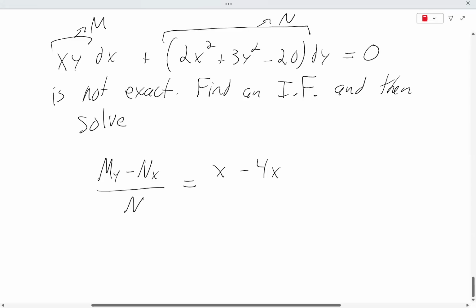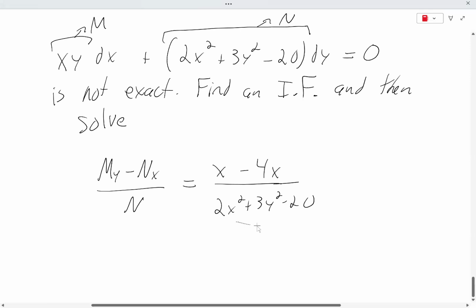Make sure I copied my problem down right. Yes, 4x. And then over N, which is the whole thing, 2x squared plus 3y squared minus 20.